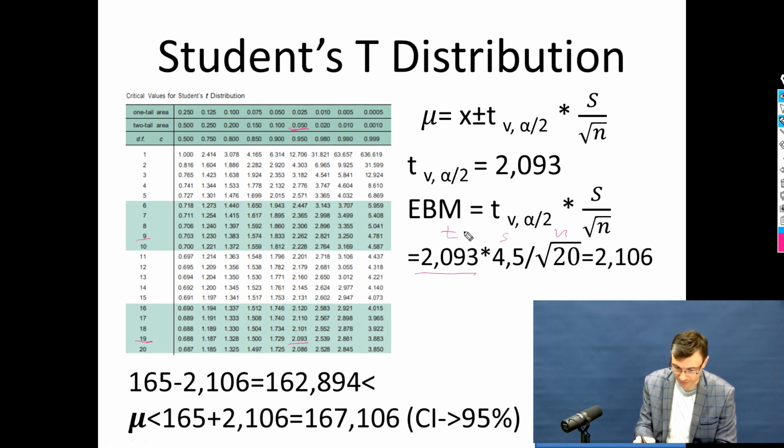So we have the error bound for the mean. It's 2.106.